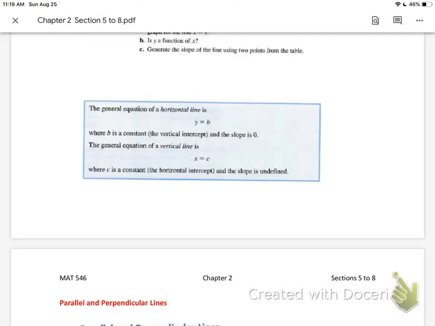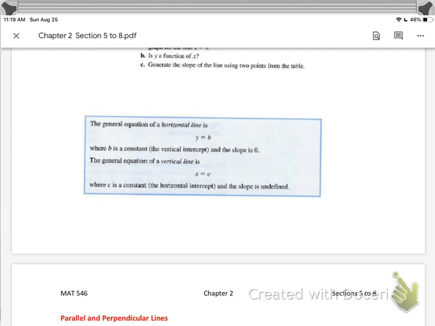Okay, so in terms of what an equation looks like, here's your summary. Here's your horizontal line, that's your grid. Your line would be the same as the horizon. Here's your format, y equals b, y equals the y-intercept.